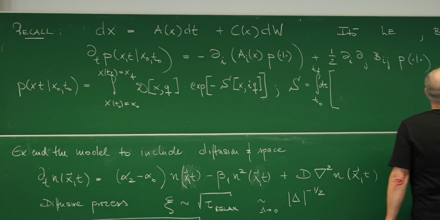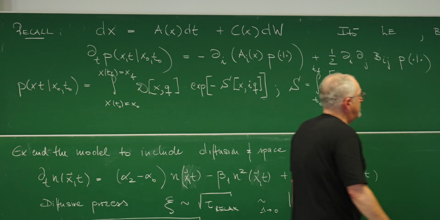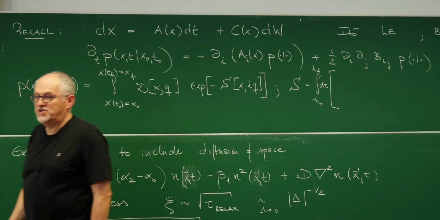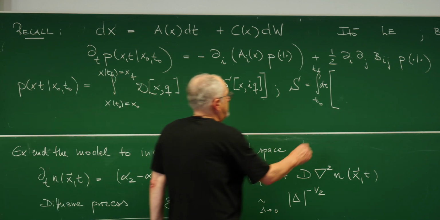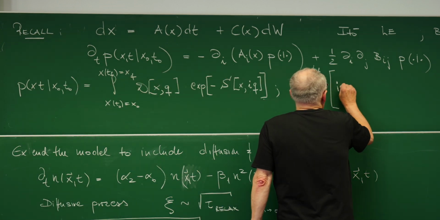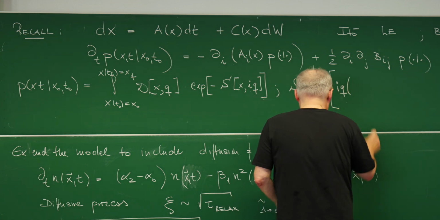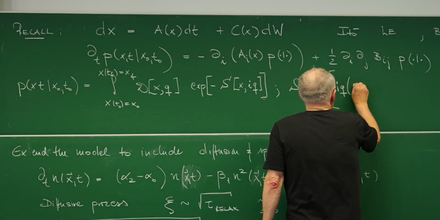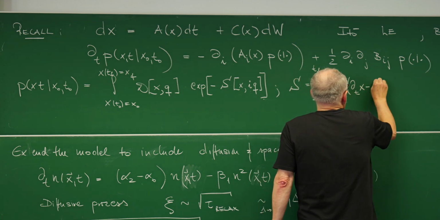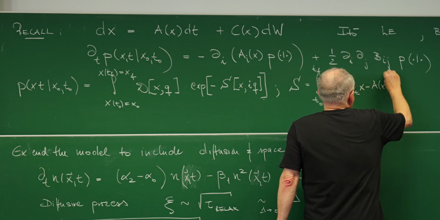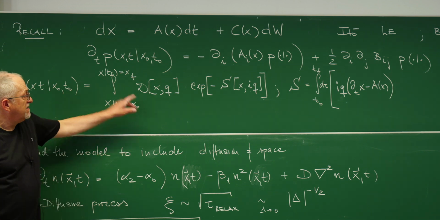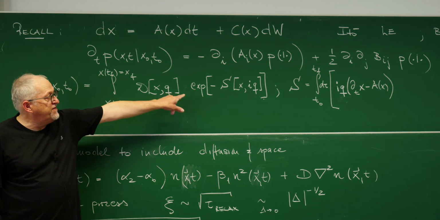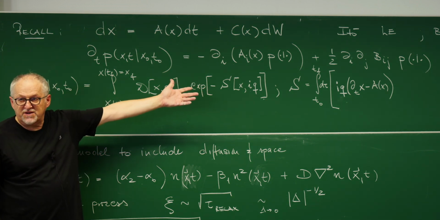And it contains two terms. There's one term which encodes the equation of motion. So that's i Q, then you have dt x minus a of x. Right? And if that would be it, then this path integral that you have is just a delta function representation.